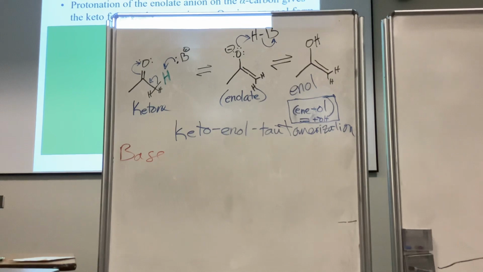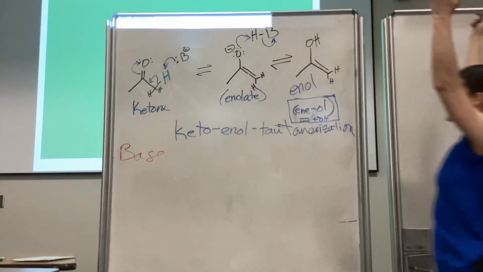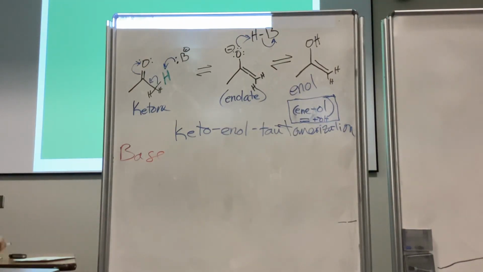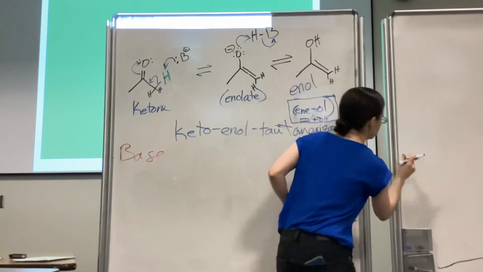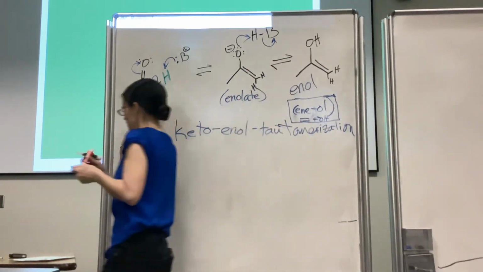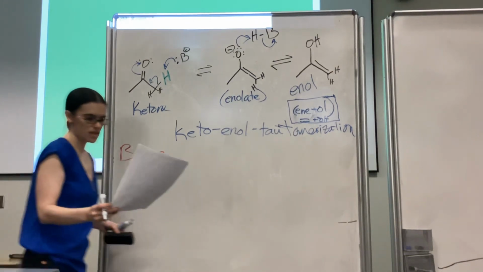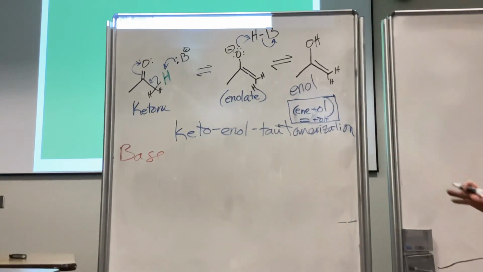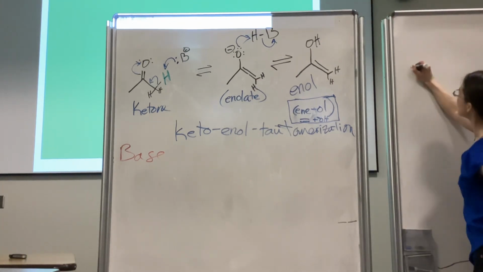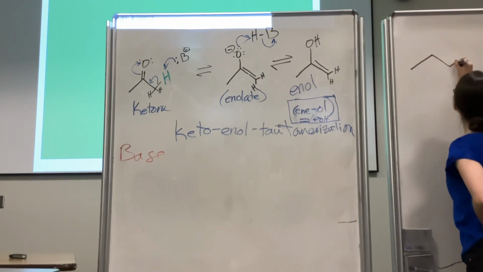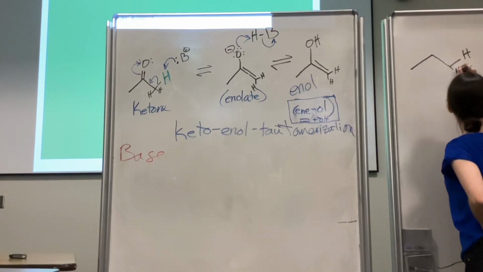Okay. Let's do the same thing with an acid, because we can do that. I'm gonna write that after I finish this thing. So, literally the exact same thing except in an acidic environment.